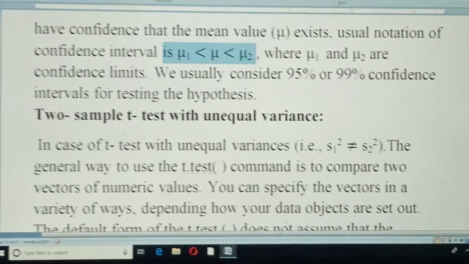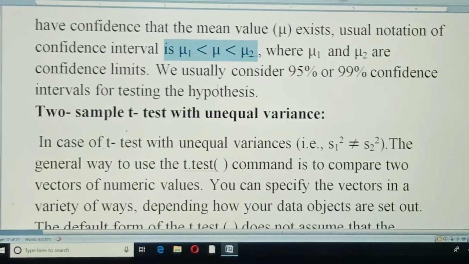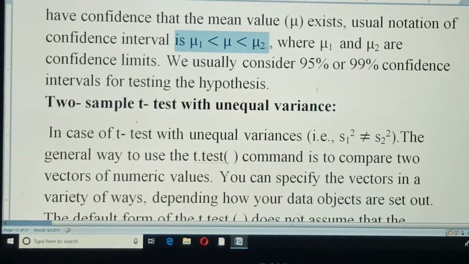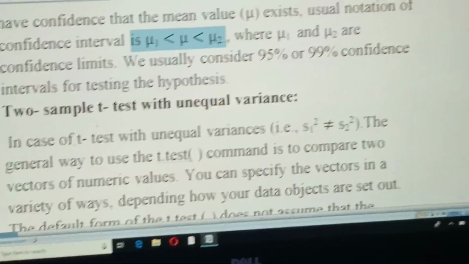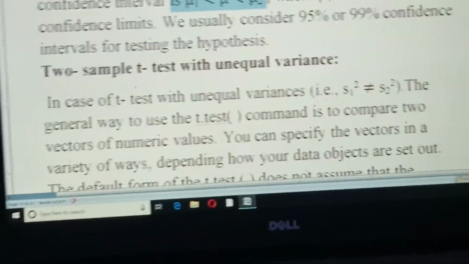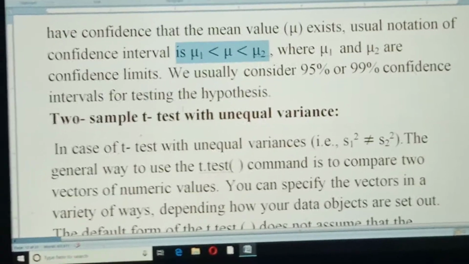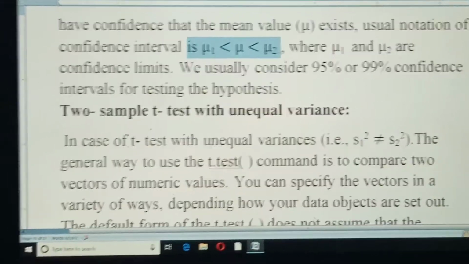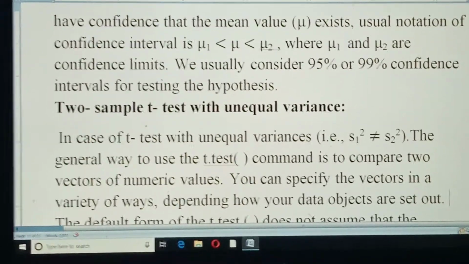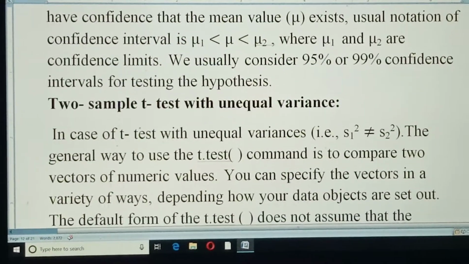Usually, if we do not provide any particular confidence level, then 95% or 99% confidence intervals are taken. And now let us go for the two sample t-test with unequal variances.